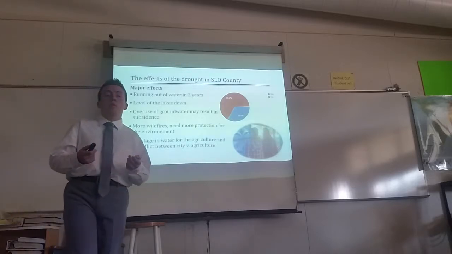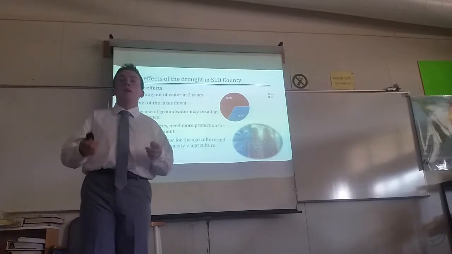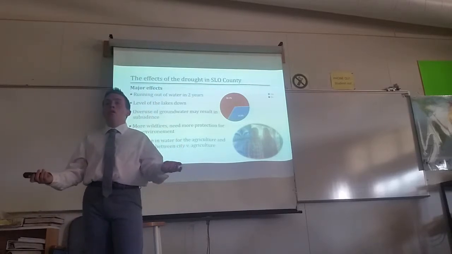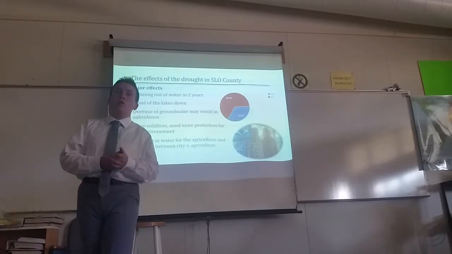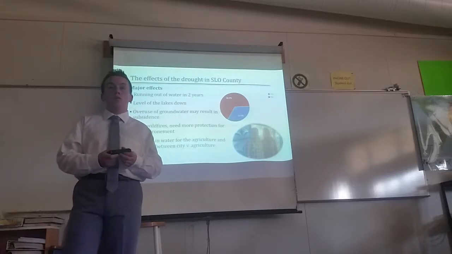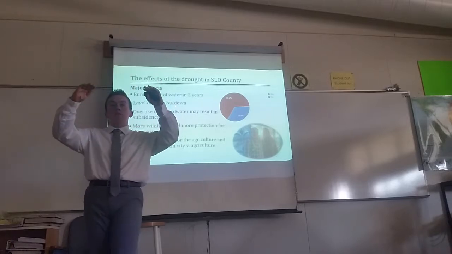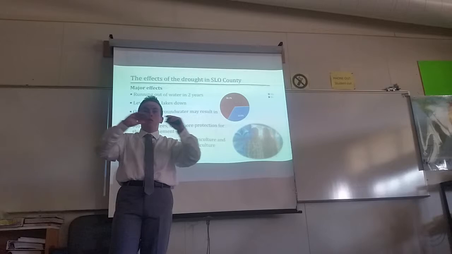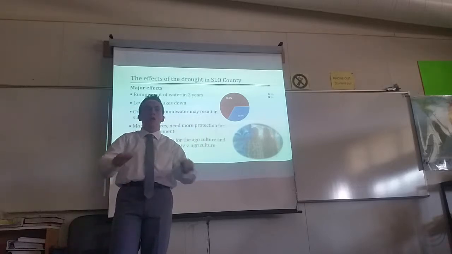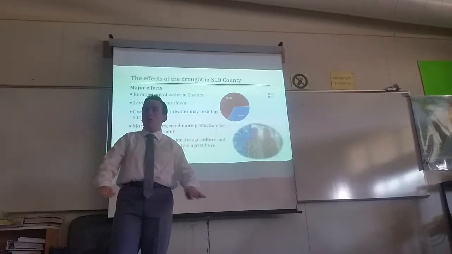Also, if we think about it, maybe we can say, oh, if we don't have water, maybe we take it all from groundwater. But the problem with groundwater, as we have seen in the Central Valley, is that it creates subsidence. That means it creates gaps in the aquifer, the water that is under the earth, under the floor.